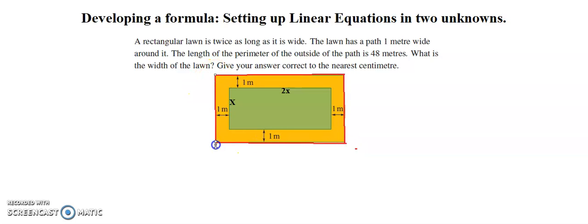To do that, I need to find the width. So if I know the lawn here is x, and I've got 1 meter on either side of the path, that's x plus 2. The next thing I need to think about is my length. If my length of my grass is 2x and I've got 1 meter on either side with the path, that is 2x plus 2.